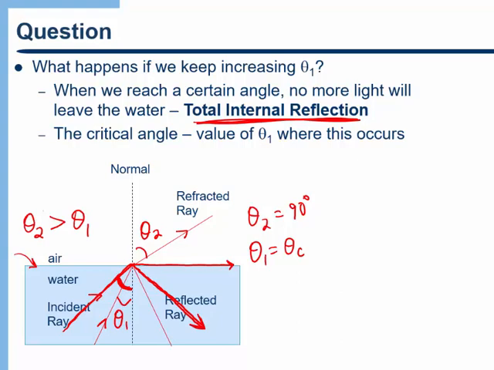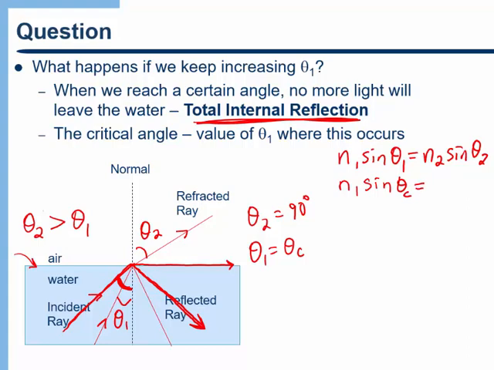Let's figure out what is the value of the critical angle. What is that value for theta 1 where we stop getting light coming through into the air? Well, we can figure that out just by using Snell's Law. N1 sine theta 1 is equal to N2 sine theta 2. And I'm going to put in theta c for theta 1.